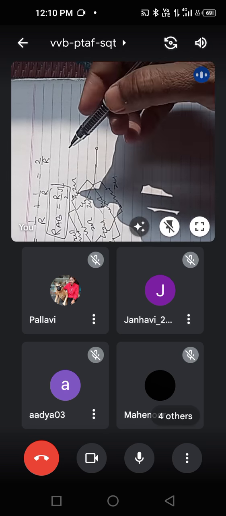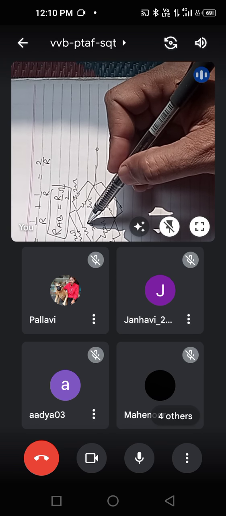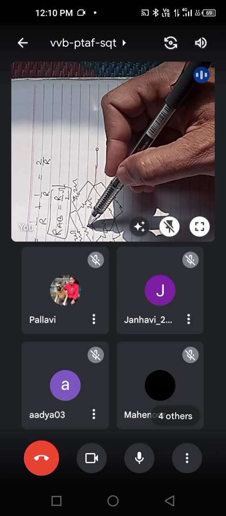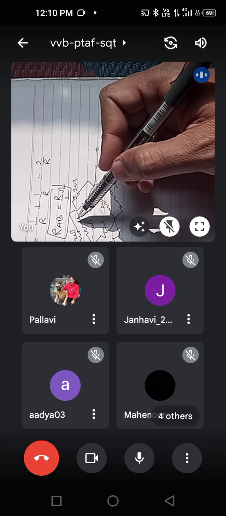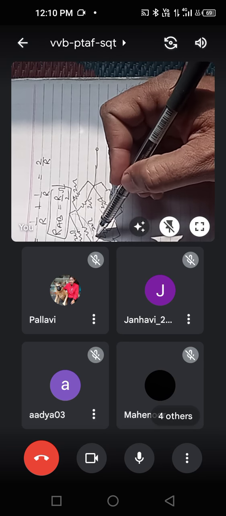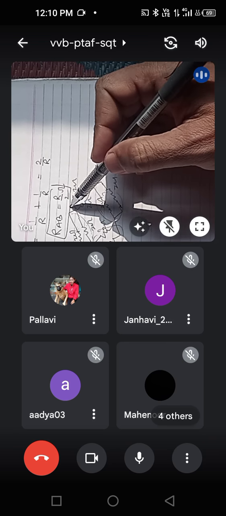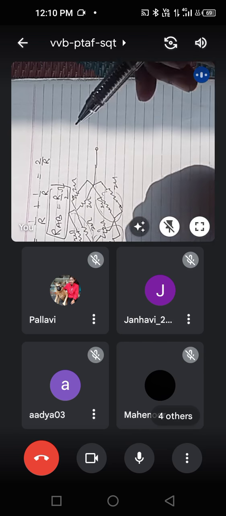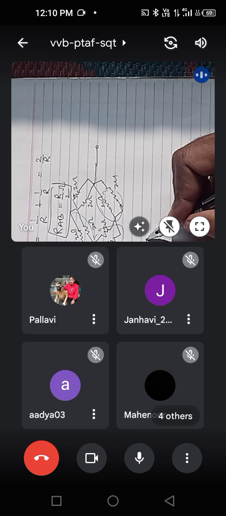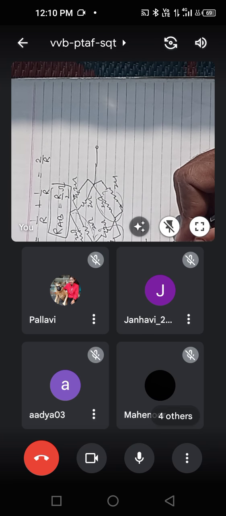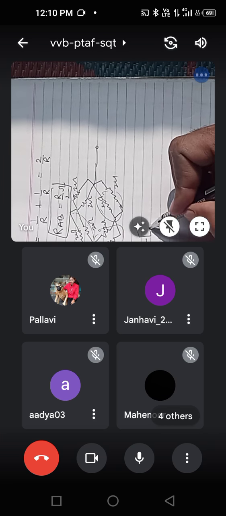Here you see, this is 2 and this is 2, so they're in parallel combination. So that will be 1 upon 2 plus 1 upon 2, that will give you what? 1 ohm. Similarly, this is also 1 ohm, this is also 1 ohm, this is also 1 ohm, right? So as a result, you get point A here, and there's a junction here.